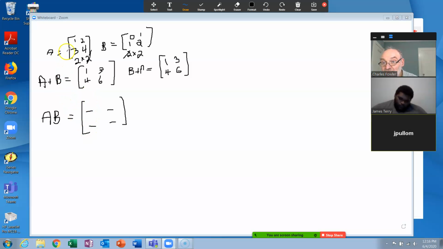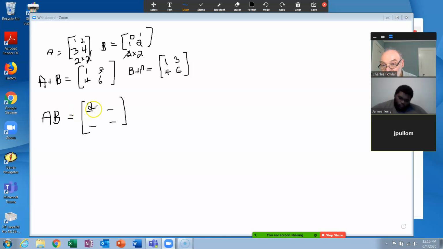So you take the first row of A and multiply it by the first column of B, adding up the products as you go. 1 times 0 is 0 plus 2 times 1, 2. 0 plus 2 is 2.